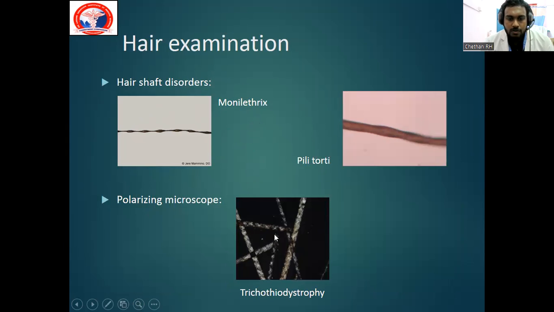Polarized microscopy is especially useful for diagnosing trichothiodystrophy, where you will see something called tiger tail bands, with alternate dark and lighter regions present in the hair. So this is called the tiger tail appearance, which is seen in trichothiodystrophy.